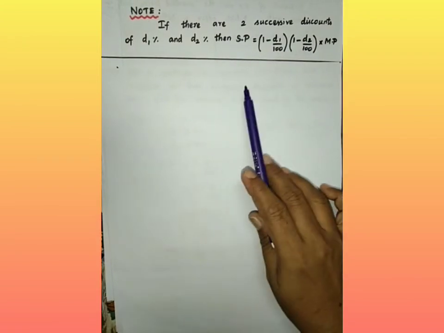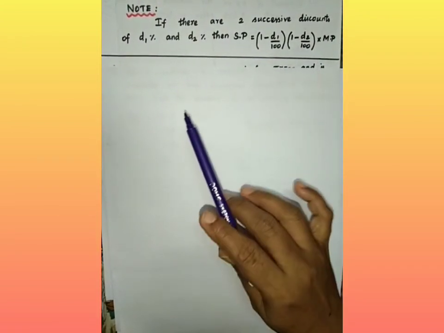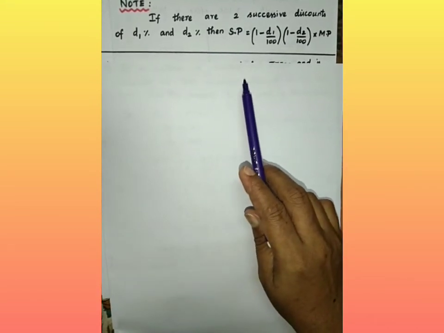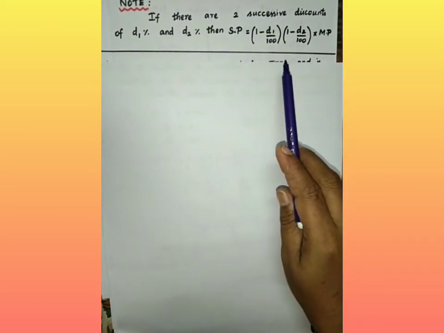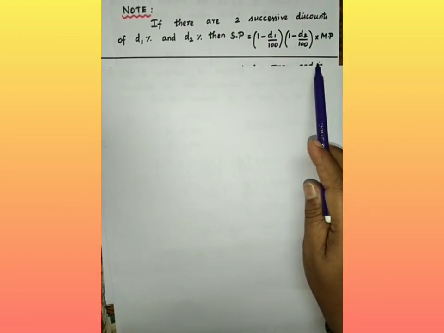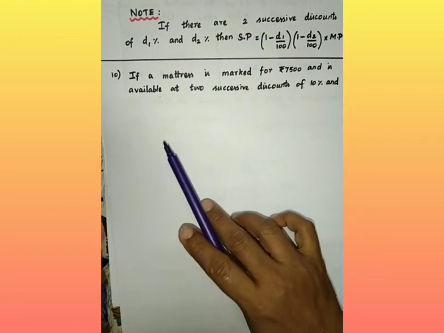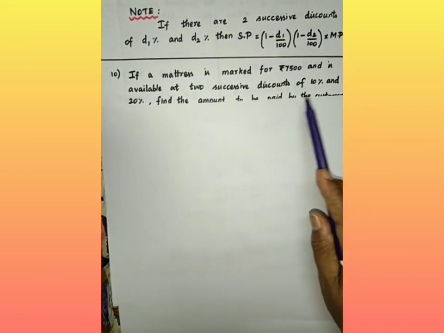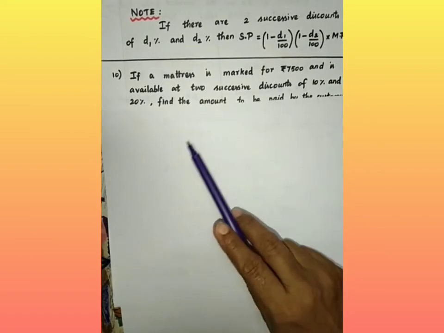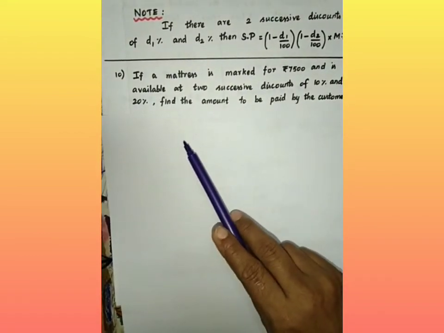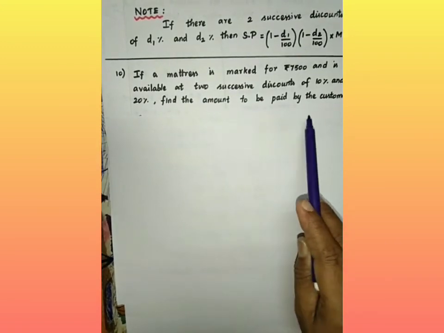Note, if there are two successive discounts of D1% and D2%, then selling price equals 1 minus D1 by 100 into 1 minus D2 by 100 into MP. Then 10th problem. If a mattress is marked for rupees 7,500 and is available at two successive discounts of 10% and 20%, find the amount to be paid by the customer.